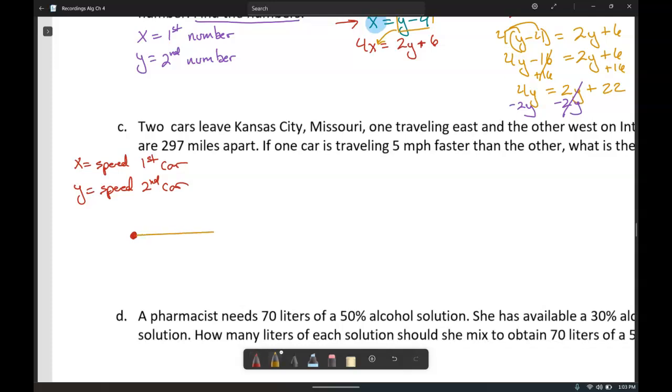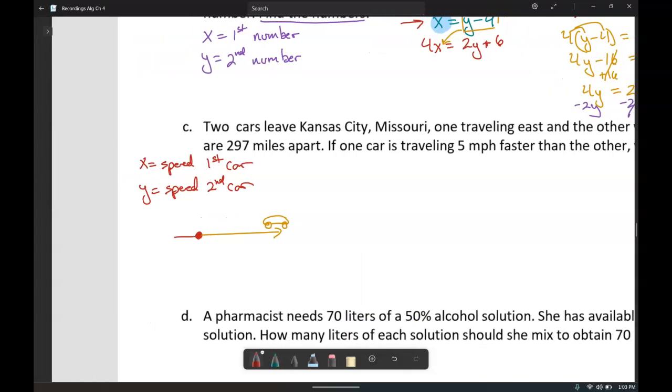One car heads in one direction, and another car heads in the other direction. And so we've got these two cars going in two separate directions.